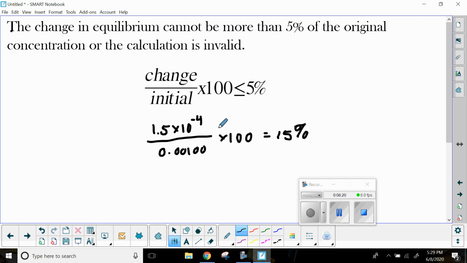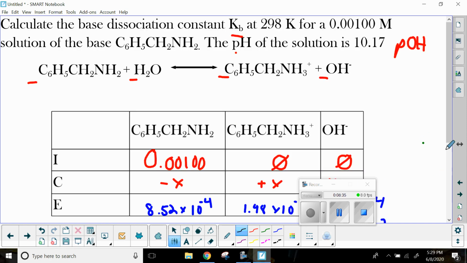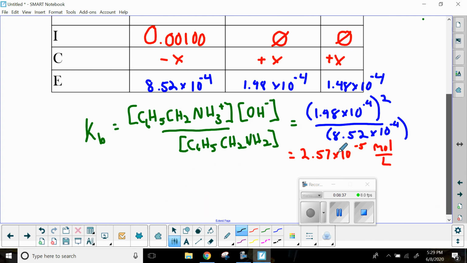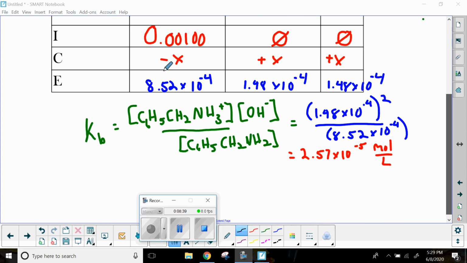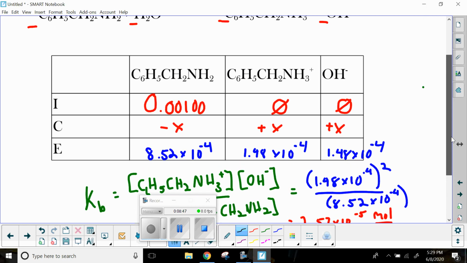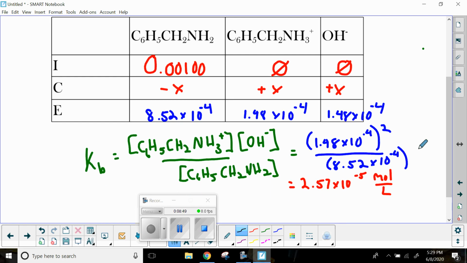So IB doesn't test you on this, but they do want you to notice here that these calculations aren't set in stone, and they're still all approximations, and there are double checks for this. This particular calculation here is considered invalid because it is 15% higher than what it should be. It should be within the range of 5%. Again, that's just something to mention. It's not something crucial that you need to lay down and know completely. So here is your Kb calculation.